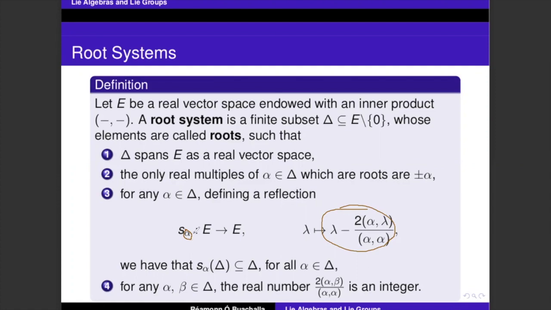Now, in that case, for our lambda in E, the alpha coefficient of lambda with respect to this orthonormal basis is going to be precisely this.